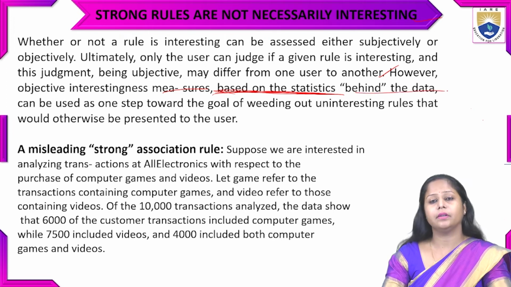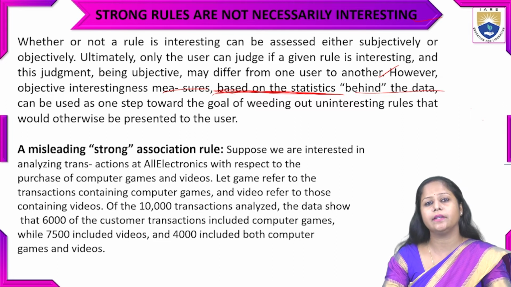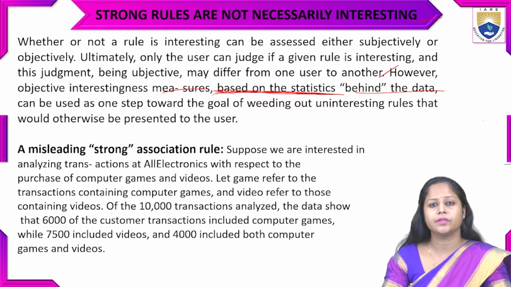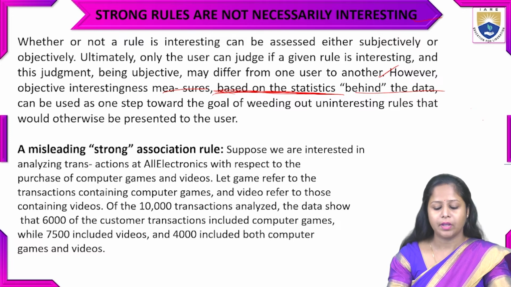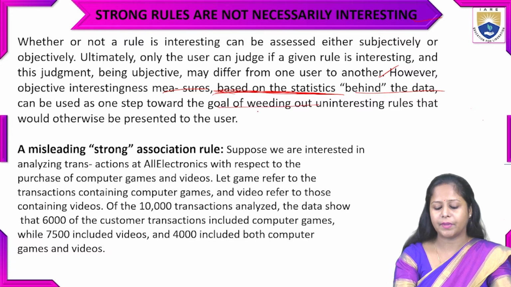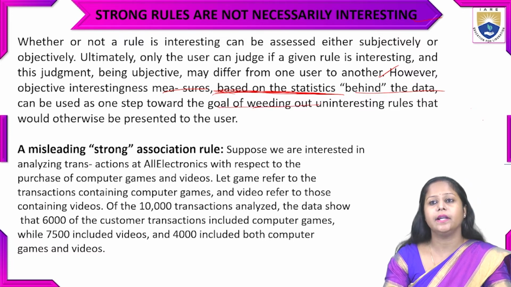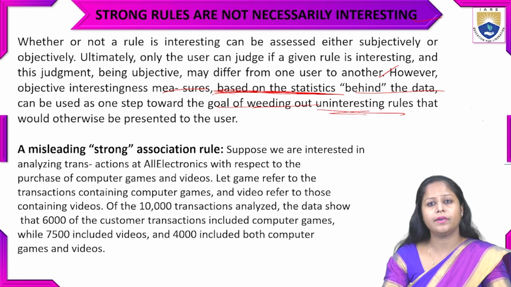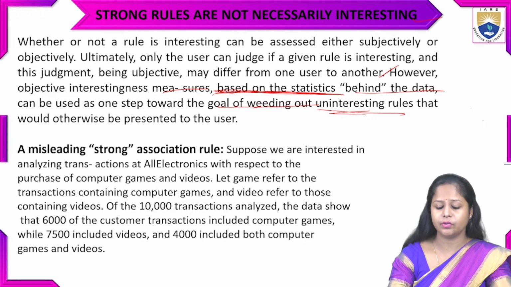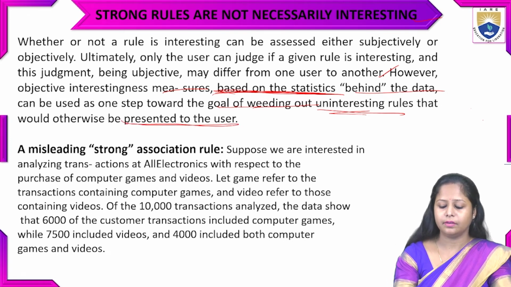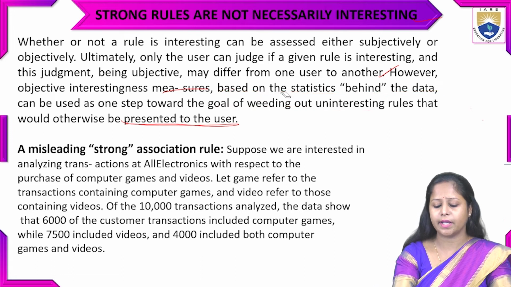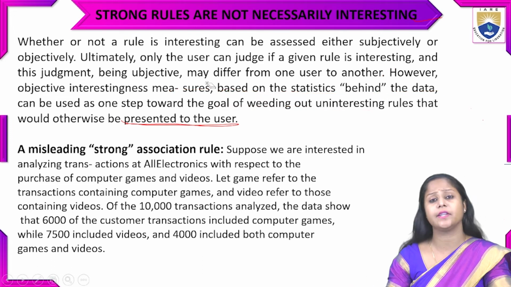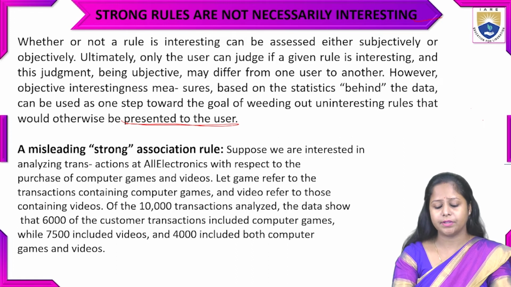The statistics calculated behind the data can be used as one step towards the goal of weeding out, excluding, uninteresting rules that would otherwise be presented to the end user. After we weed out those uninteresting rules, the rest can be presented to the end user.